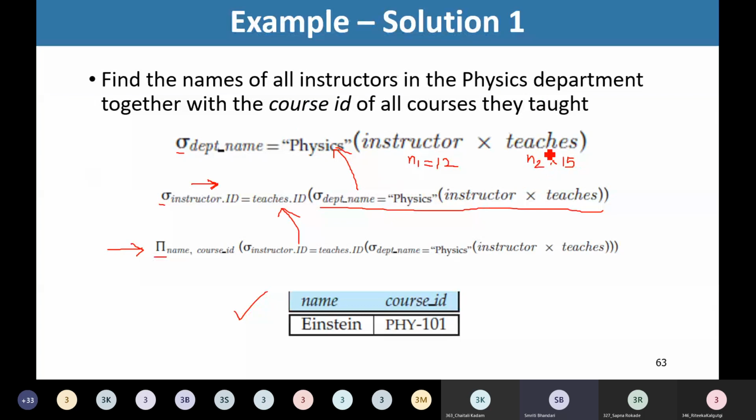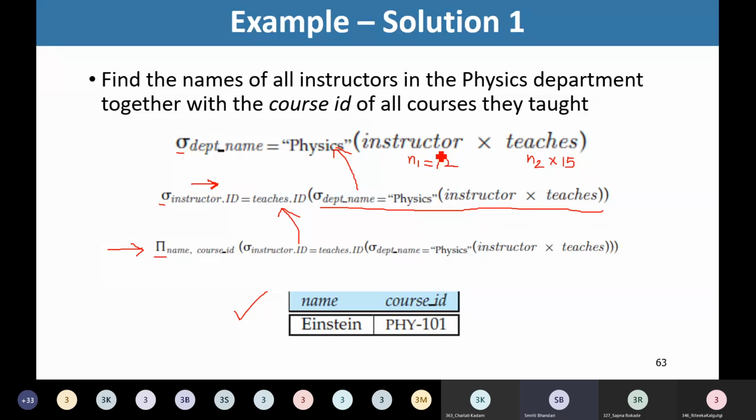Now, instead of writing this query by taking the cross product first and then imposing the condition, in an alternative way we can first extract the instructors from the physics department and then take the cross product of that relation with teachers. What will happen in that situation?